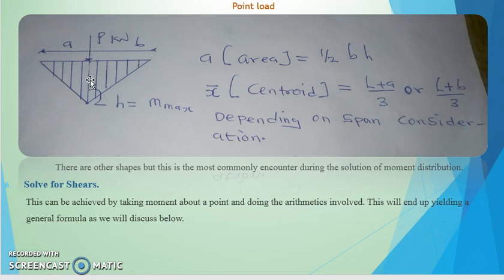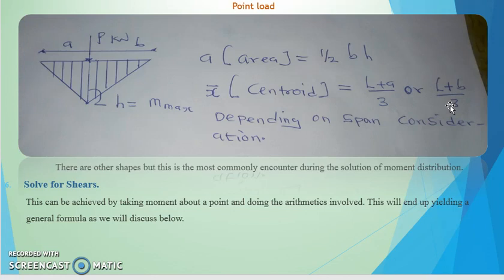Then the H, that's the maximum span moment that this point load generates on this beam, is at this point as it aligns to this place, and you have H is equal to H max. Then the area of the triangle there is half base times height, while the centroidal distance is equal to L plus A over 3 or L plus B over 3.